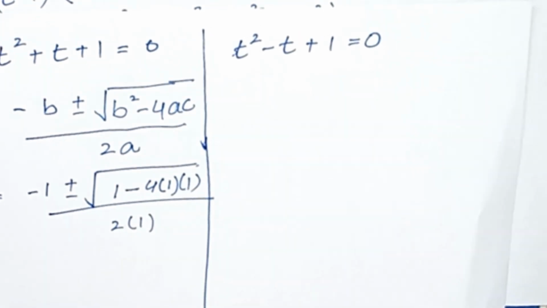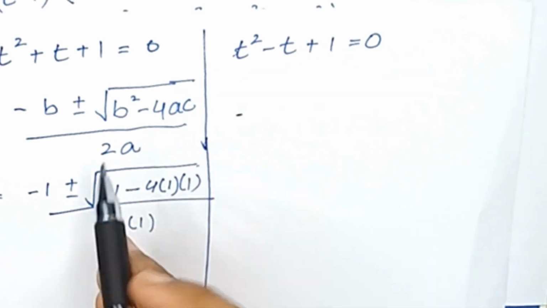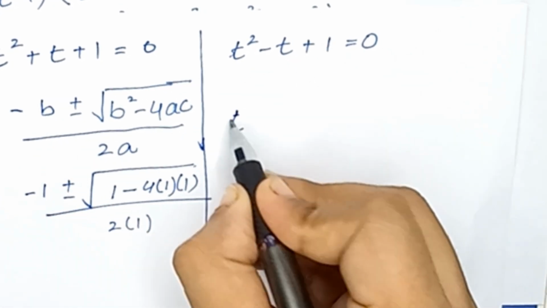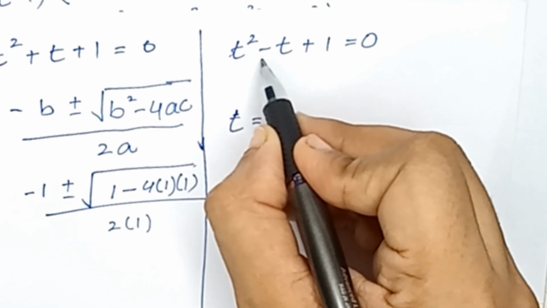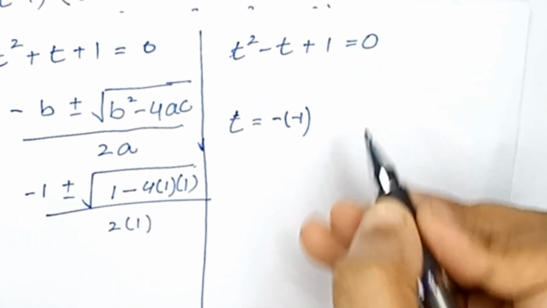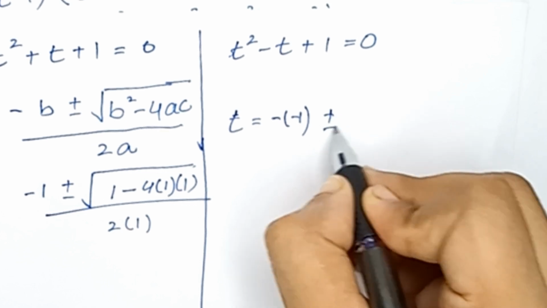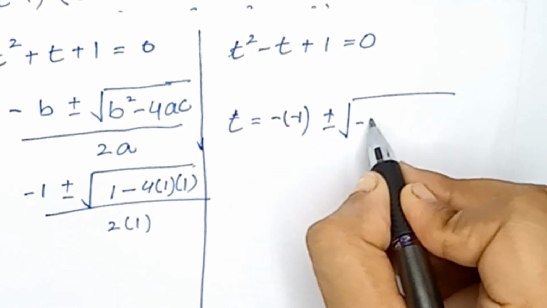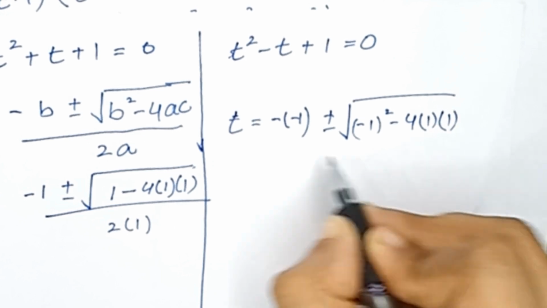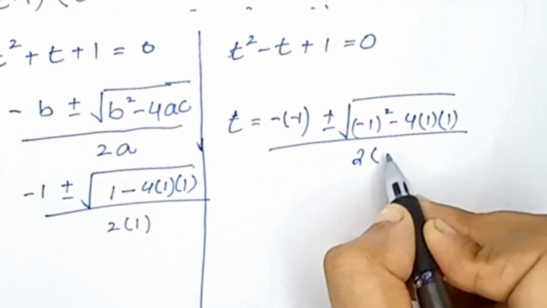Similarly, we will substitute the values of a, b and c for this factor. t will be equal to, here b is minus 1, so it will be minus times minus 1, plus minus square root of minus 1 square minus 4 times 1, divided by 2 times 1.